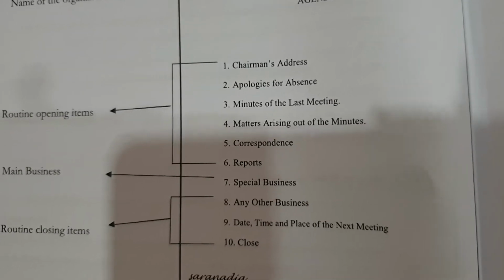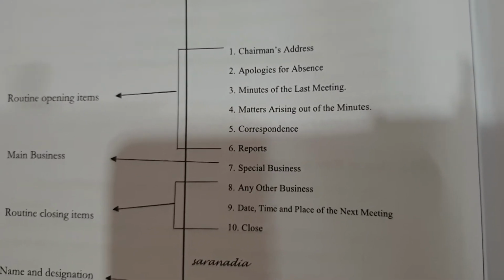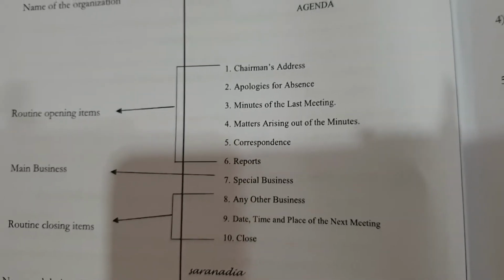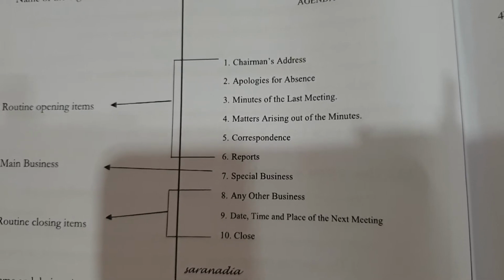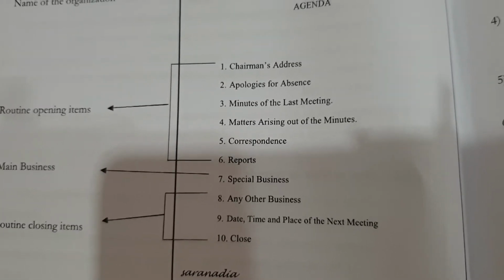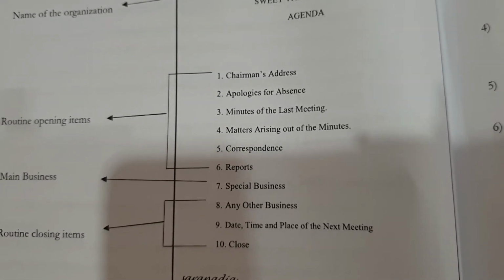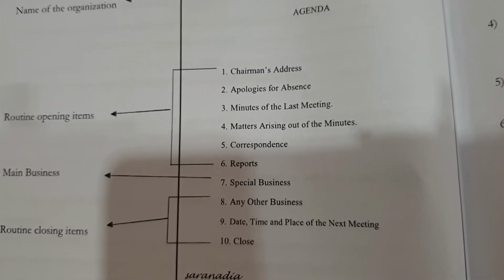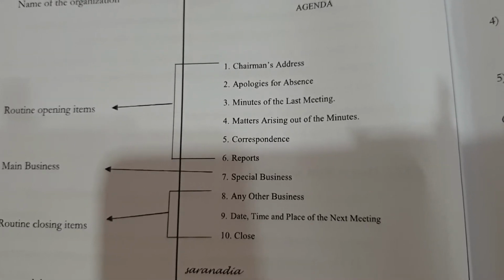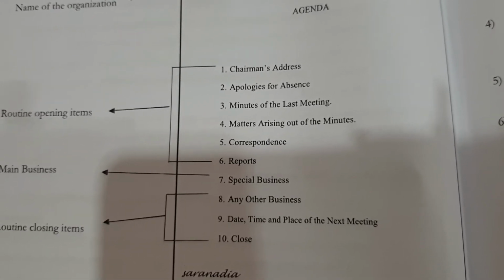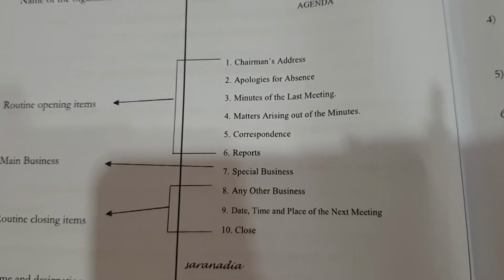So when you are writing the body of the minutes, the headings must follow the items in the agenda. Let's say item number 1 is chairman's address. When you are writing the body of the minutes, the first heading should be 1 dot chairman's address.